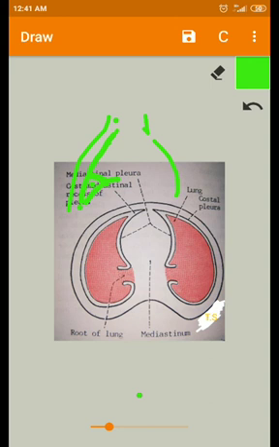The aspiration of fluid from the pleural cavity, aspiration meaning we are taking out the fluid accumulated in the pleural space, is done using a syringe and needle. By passing a needle with a syringe into this space, we aspirate the fluid out of this space. That process is called paracentesis thoracis.